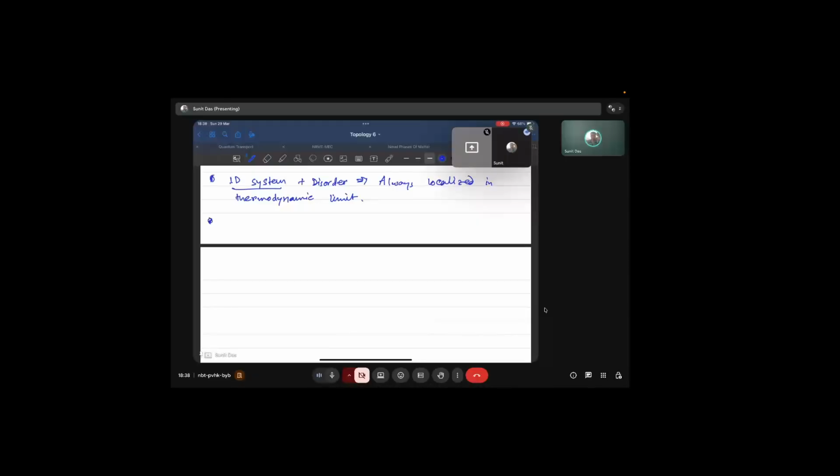Then if you have a 2D system, so these are all B equal to zero cases, and then we will connect to the B not equal to zero, Landau level case. Okay, so 2D system plus disorder. Again, you will see the same. And by the way, 2D system plus disorder was studied by Anderson.